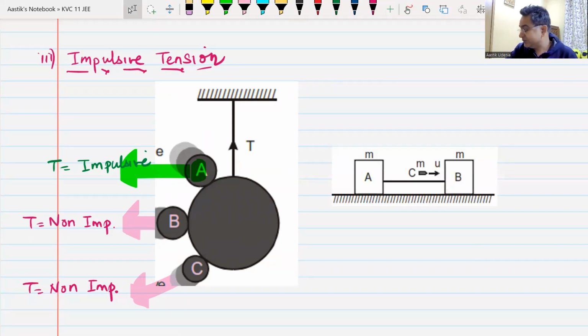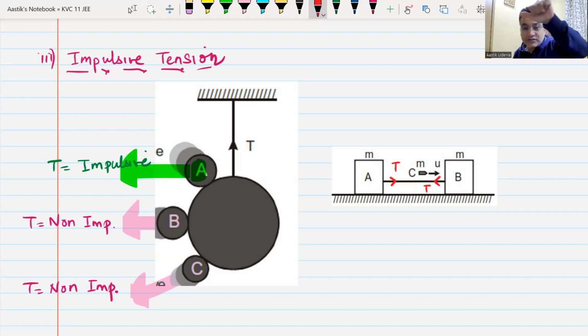Here, in this scenario, a bullet is striking block B like this. There is a string connecting block A and block B. Is the tension impulsive or non-impulsive? I've drawn the tension for you, the red tension.